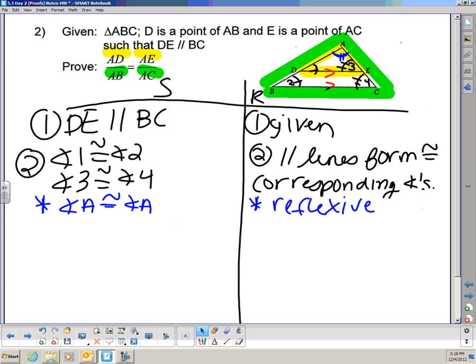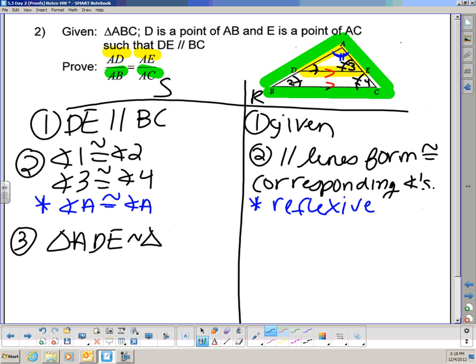So what I was trying to say before is that some people will go for both pairs of corresponding angles, or somebody might go for one corresponding angle and one reflexive. Doesn't matter. Bottom line is, once you have two angles that are congruent, you have similar triangles. So we're going to call the yellow triangle ADE, and it's similar to the green triangle, which is ABC, because we had two pairs of congruent angles, or AA similarity.